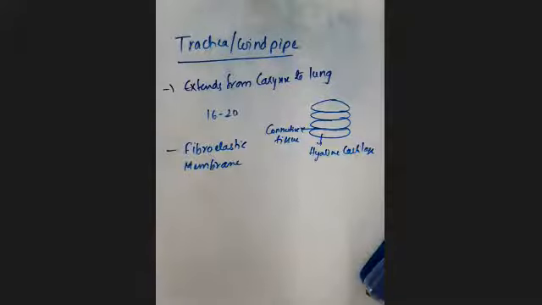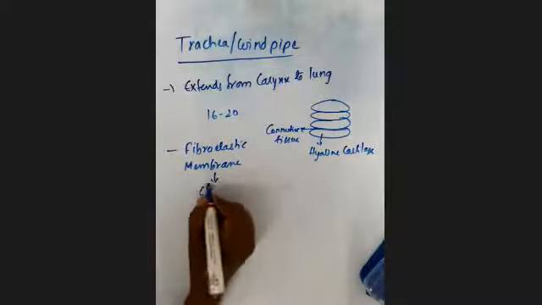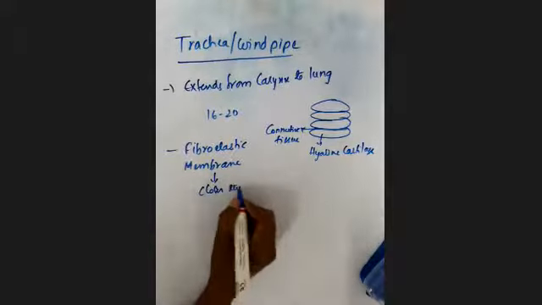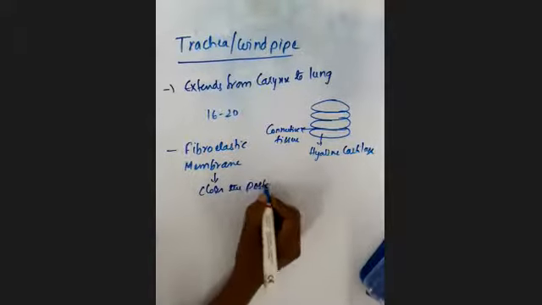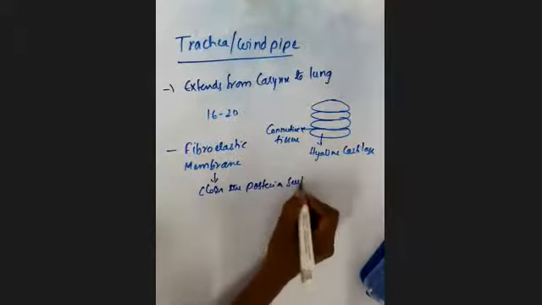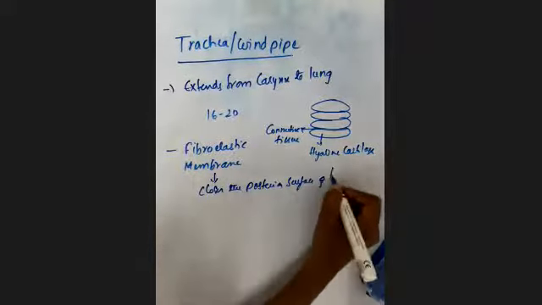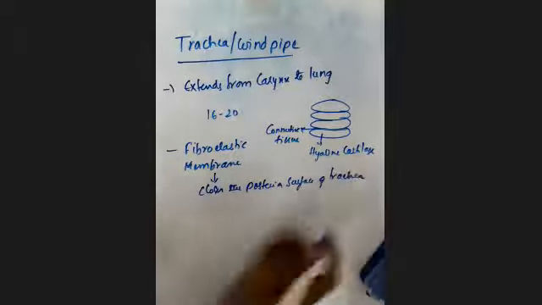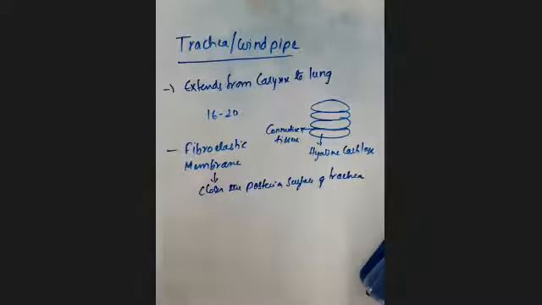It is closest to the posterior surface of the trachea. What is this fibroelastic membrane? It lies along the posterior surface of the trachea.